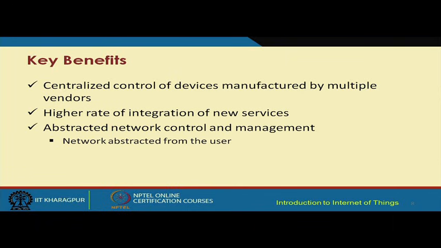The key benefits of this solution is that centralized control of devices manufactured by multiple vendors is made possible. It is possible to have higher rate of integration of new services, and abstracted network control and management is made possible through this particular solution with the adoption of SDN in these mobile networks.